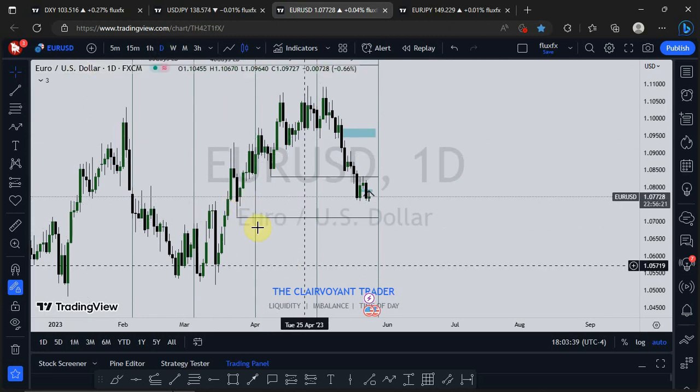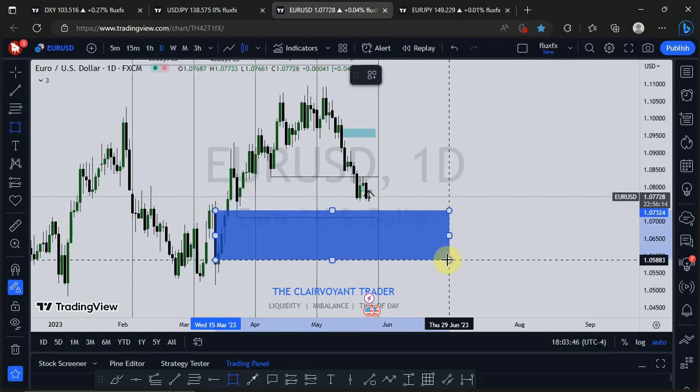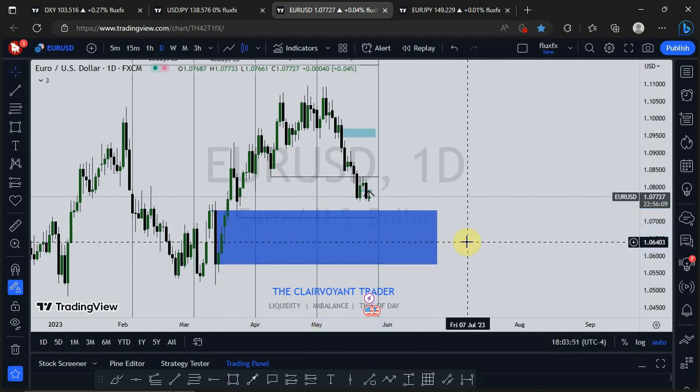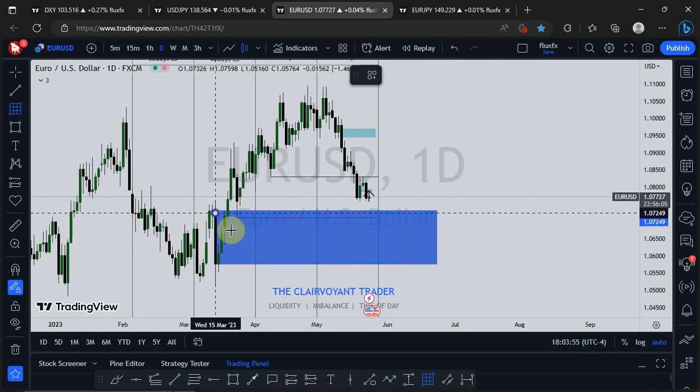At the moment I'm expecting EURUSD to finally land into this zone right here, at least fill 50% of this zone.